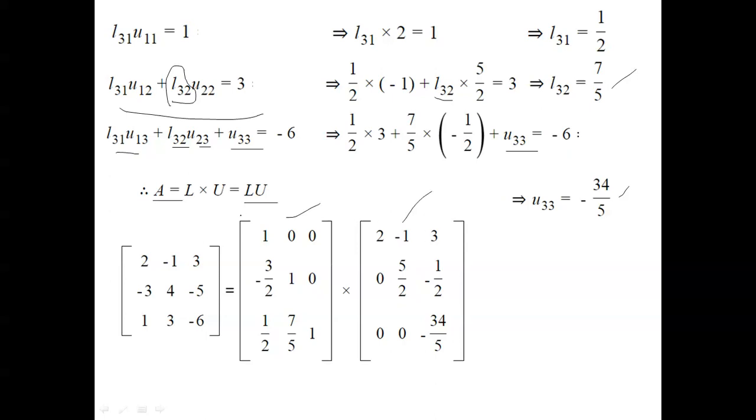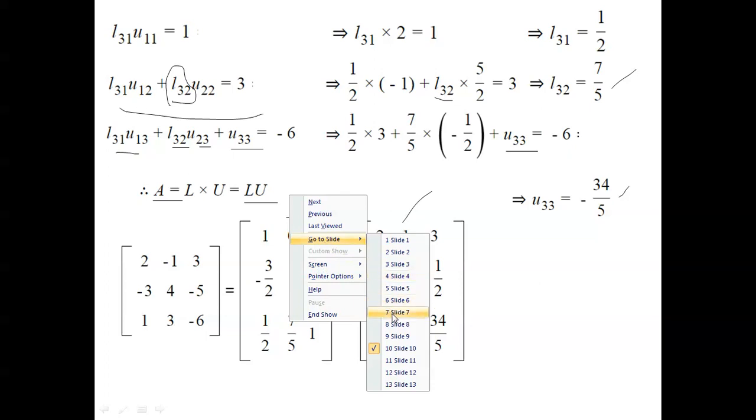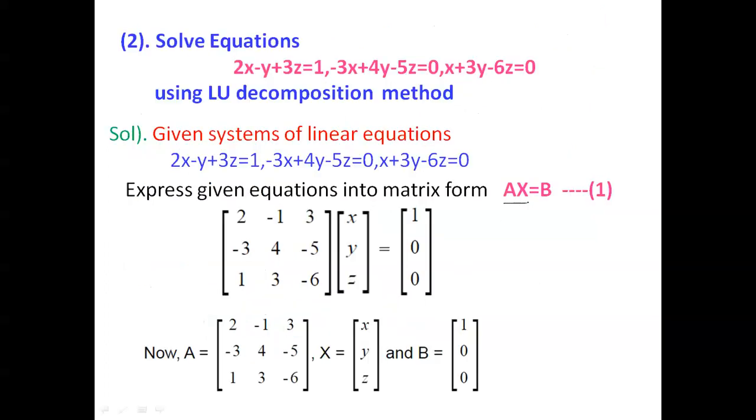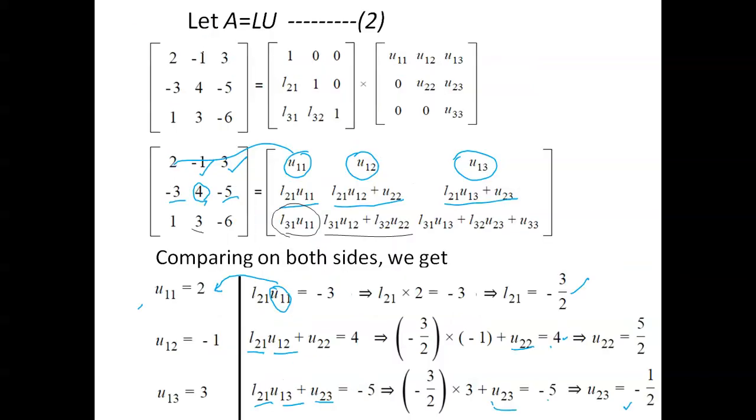So once this step is completed, now we have taken the equation 1. Now we have taken the equation 1, Ax equal to B, and taking A equal to LU. So Ax equal to B and A equal to LU.